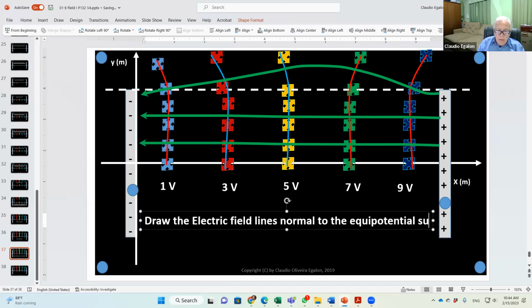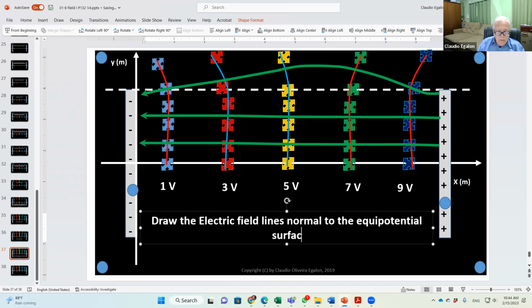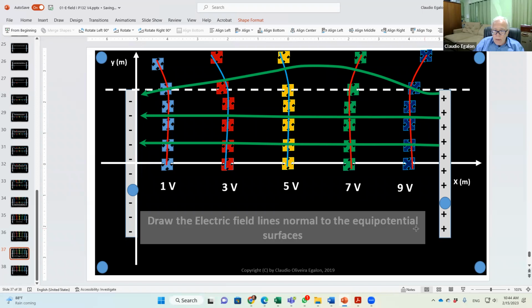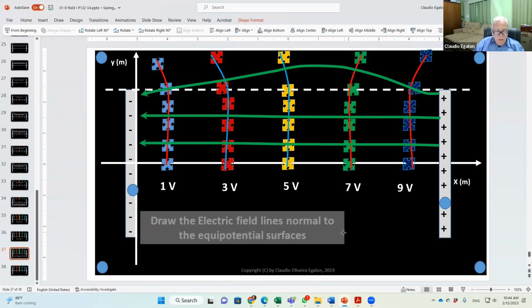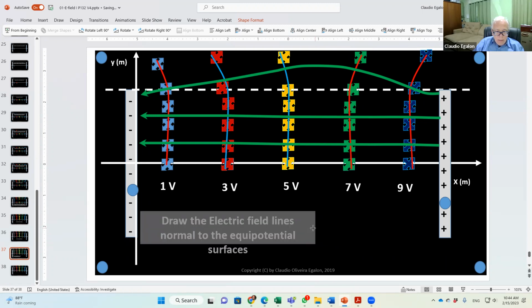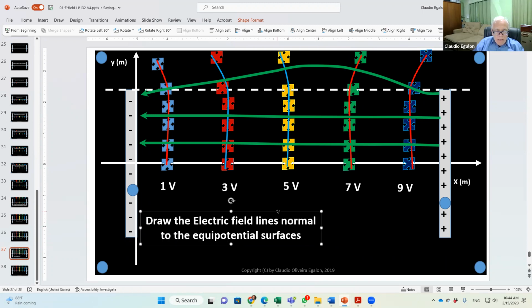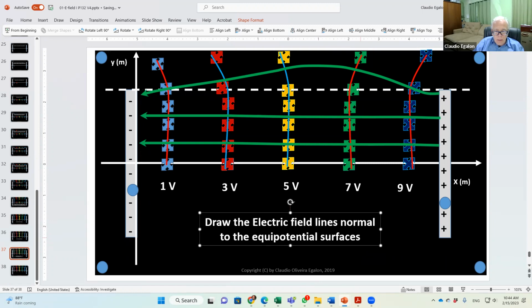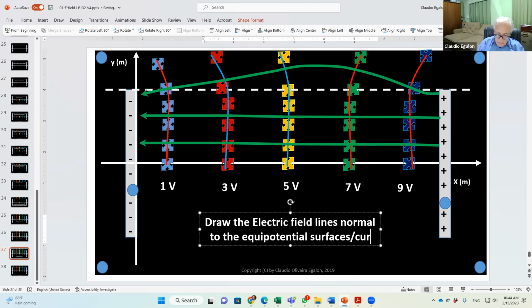We call them surfaces, but in reality, for this experiment, if it were a real experiment, not just this two-dimensional type of experiment, we end up having curves, not surfaces. Surfaces slash curves.